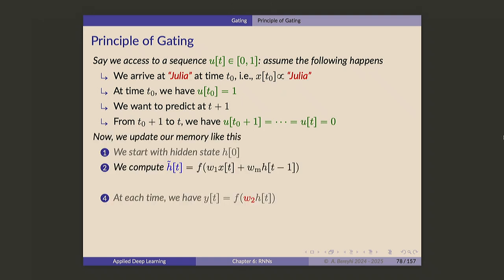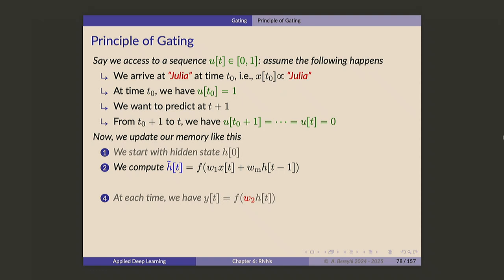So now I'm going to use my u in this form. I'm going to have the same recurrent neural network as before. So every single time I get my input, I multiply it with its own weight. I also get my previous hidden state, I multiply it with the memory weight.